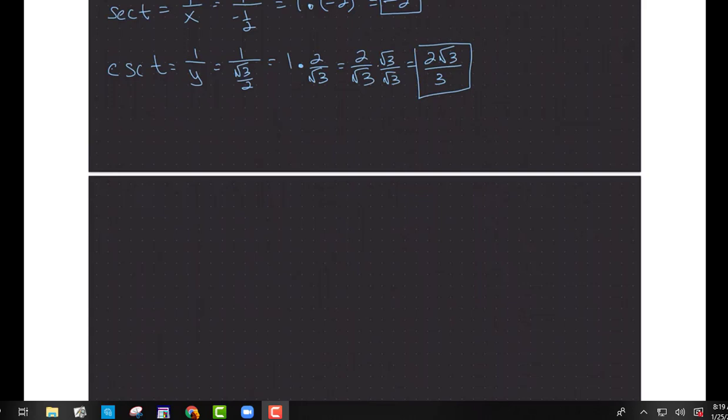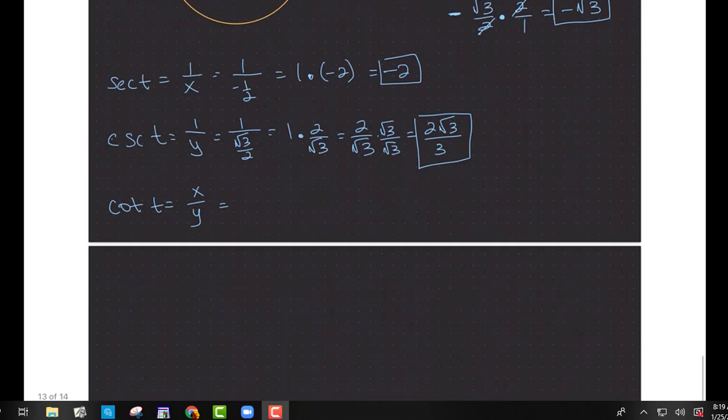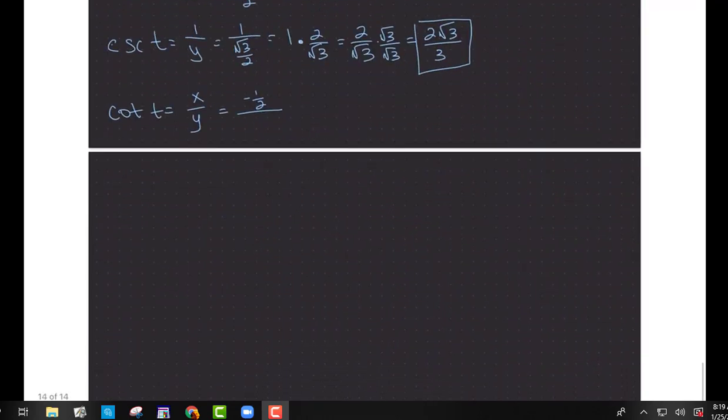And then we've got one last one, right? Cotangent. So the cotangent of t was x over y. Our x was -1/2. And then our y was square root of 3 over 2.